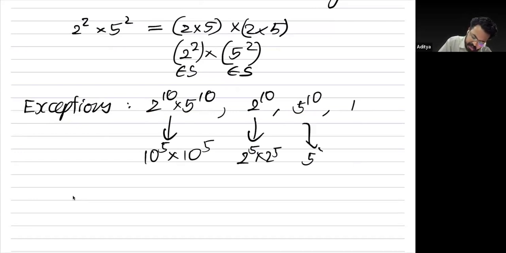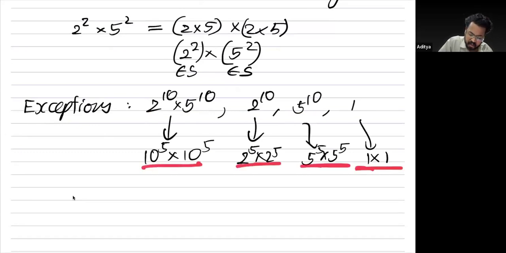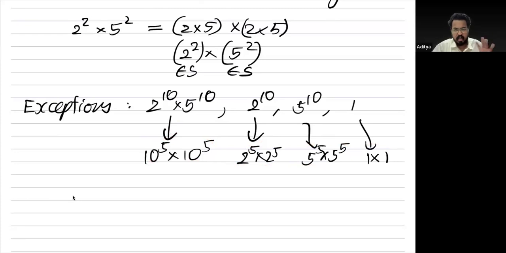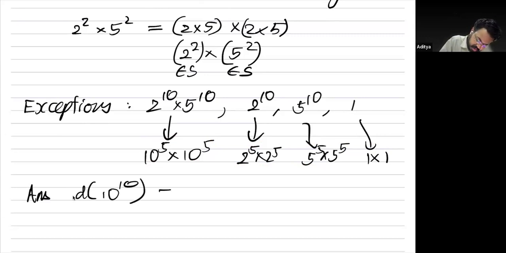This requires 5 to the power 5 times 5 to the power 5. And this requires 1 times 1. Again, you can't do this because this is the only way to express this as a product of factors of 10 to the power 5. So you have 4 cases that will be eliminated. All the rest of the possibilities can be expressed as a product of two distinct elements. So the answer will be the number of factors of 10 to the power 10 minus 4, which is 11 times 11 minus 4, 117.